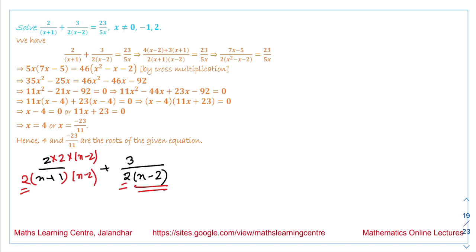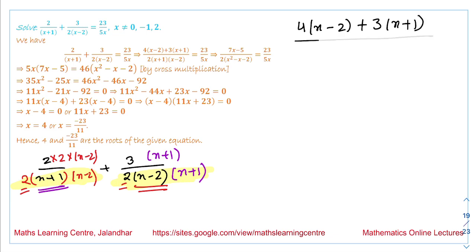So from this term we require x + 1. We are multiplying it with x + 1, dividing it with x + 1. Now the denominators of both these terms are same. So after taking the LCM, we get the term that is (4(x - 2) + 3(x + 1))/(2(x + 1)(x - 2)), that is equal to 23/(5x).